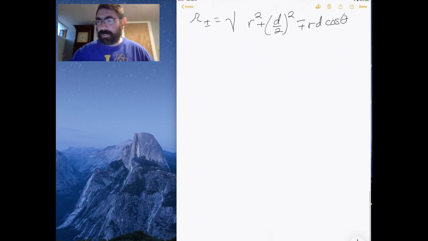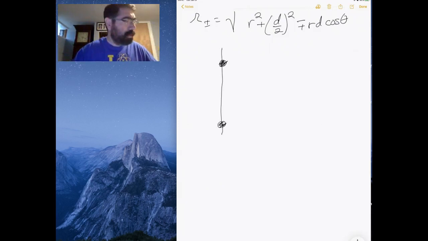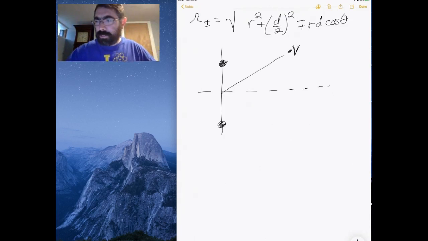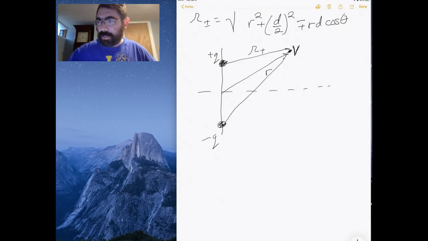So what is this scenario? So let me redraw my dipole. So here is a point in space where I'm going to be measuring my electric potential. And now the distance from the origin to the point is r. The distance from the positive charge is r plus, and the distance from the negative charge is r minus.